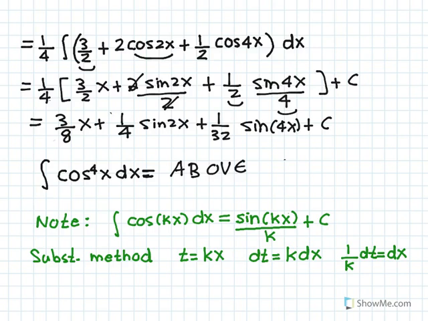Now let's talk a little bit about this substitution that we've used a couple of times here. So what we have is the integral of cosine kx dx. We do a linear substitution. We let t be equal to kx. dt, the derivative, will be k dx. Divide both sides by k. We get 1 over k dt is equal to dx. So let's show that in full. We have the integral of cosine kx dx.